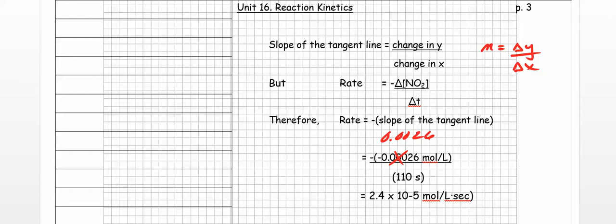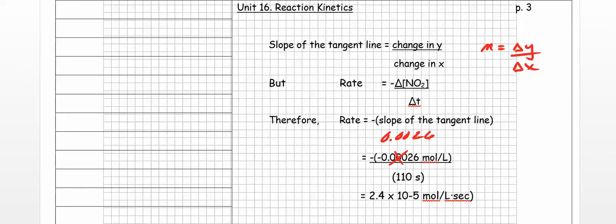Remember that slope is equal to the change in y divided by the change in x, right? So if we look at, for example, the rate of degradation of NO2, if I look at, say, 110 seconds, then the difference in concentration of NO2 is going to be 0.0026.